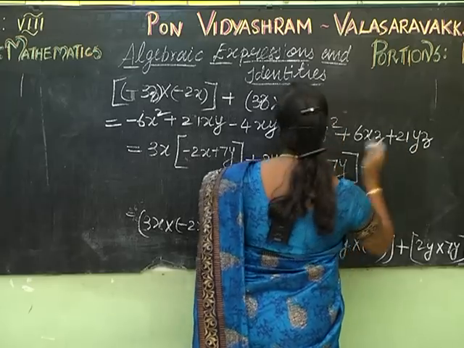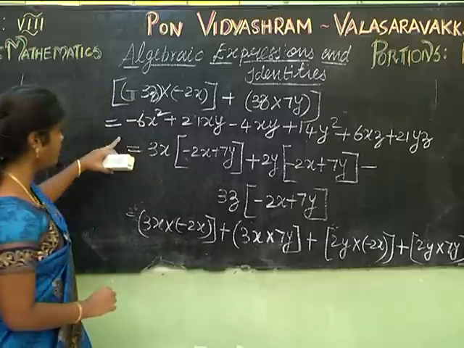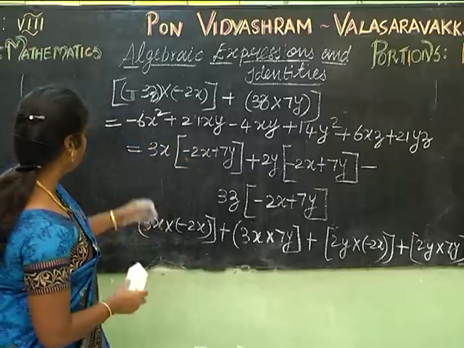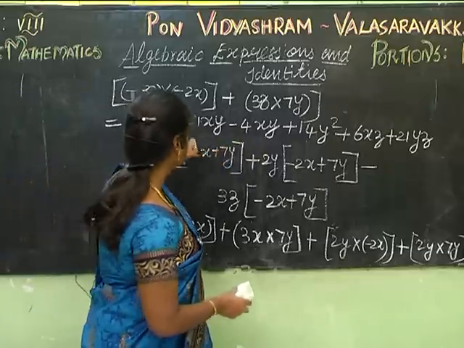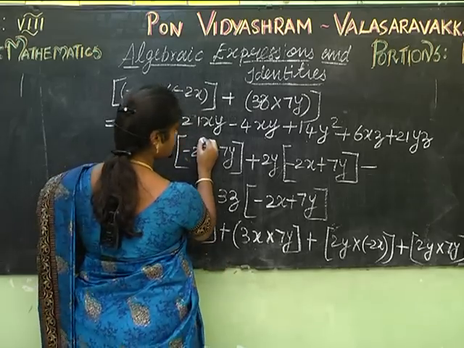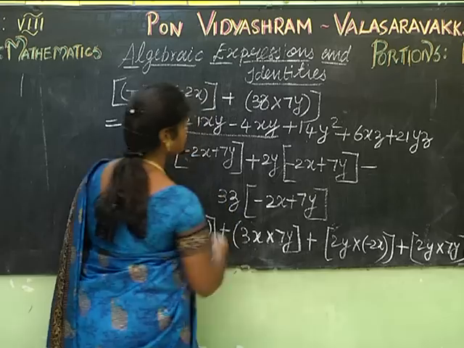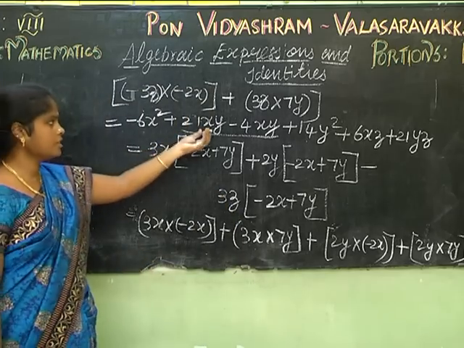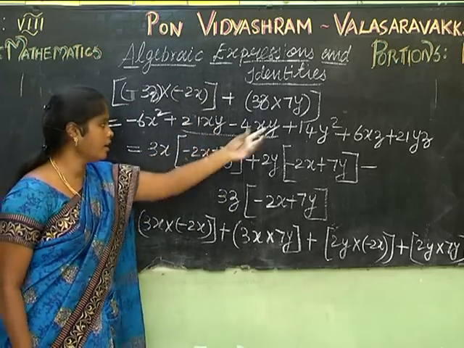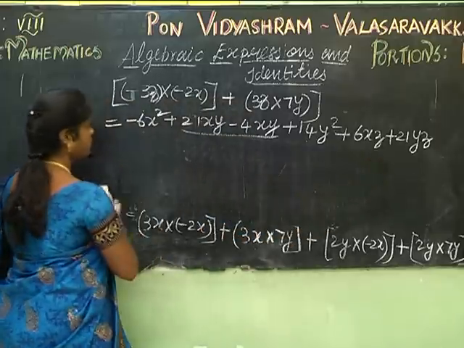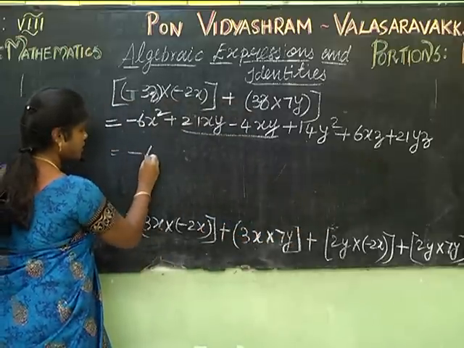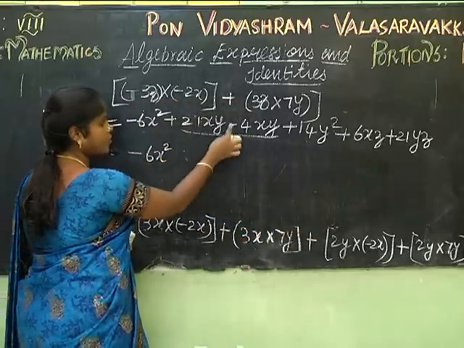21y, that is it. Now check, are there any like terms? I think there are no like terms, because x square, xy, see, these two are like terms, because the terms contain the same variable, xy and xy. So we need to simplify this expression. So minus 6x square plus 21 minus 4.